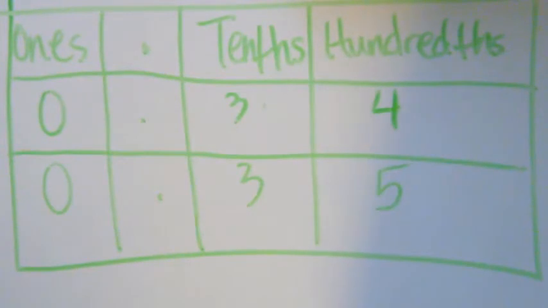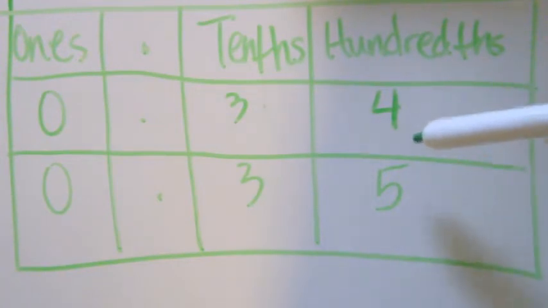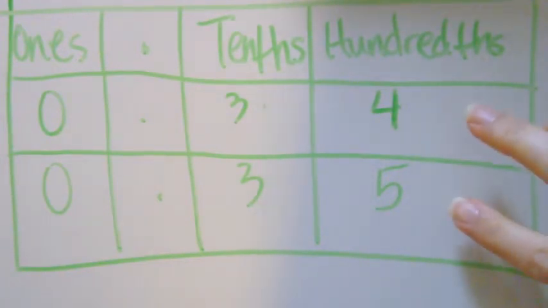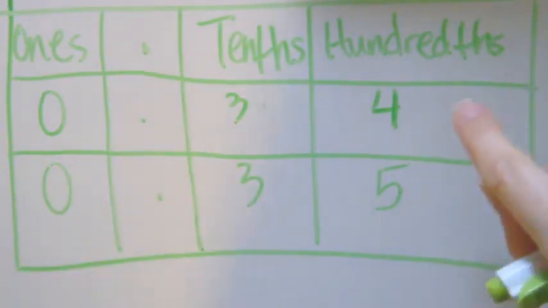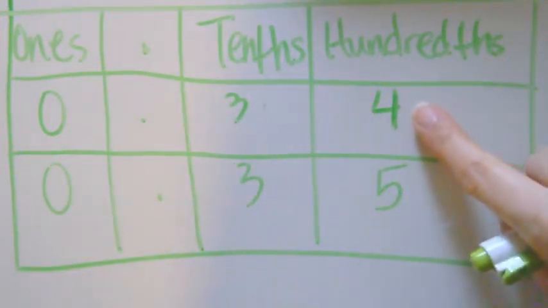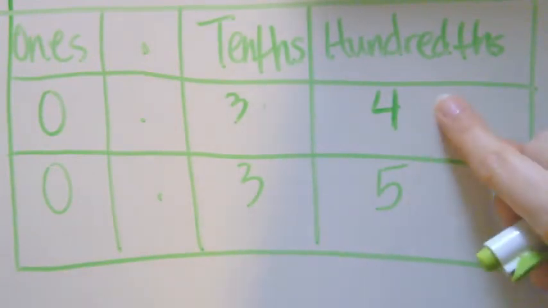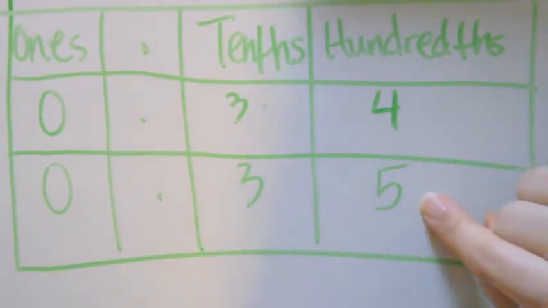But what we are going to do, and then now looking into our hundredths place. So now that we're looking at our hundredths place, we see that finally there is a difference. So this is the number that we are going to compare. If we take a look at the 4 and the 5, obviously we know that 5 is the greater number.